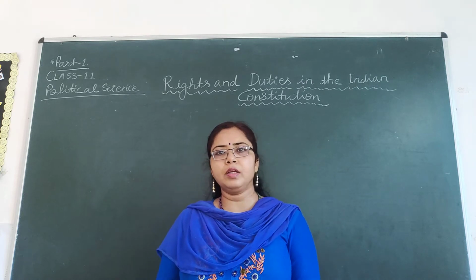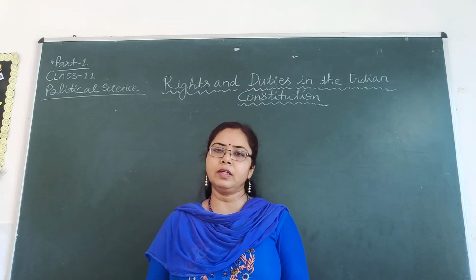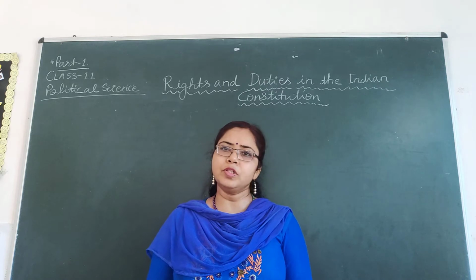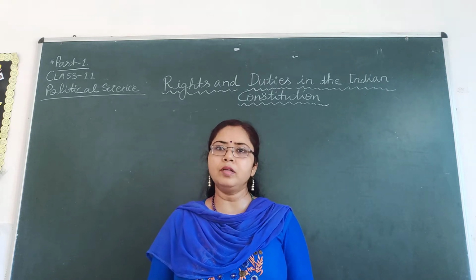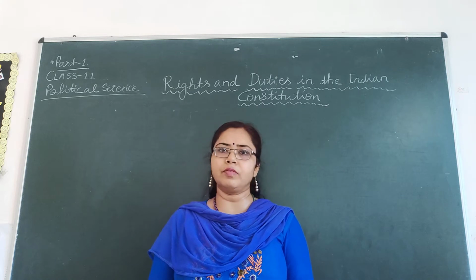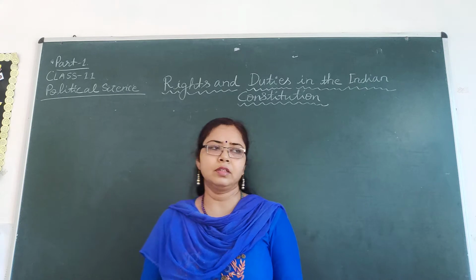In this topic, you will come to know that the constitution is not only the document which explains the composition of the organs of the government or the relationship among the different organs of the government, but it is more than that.